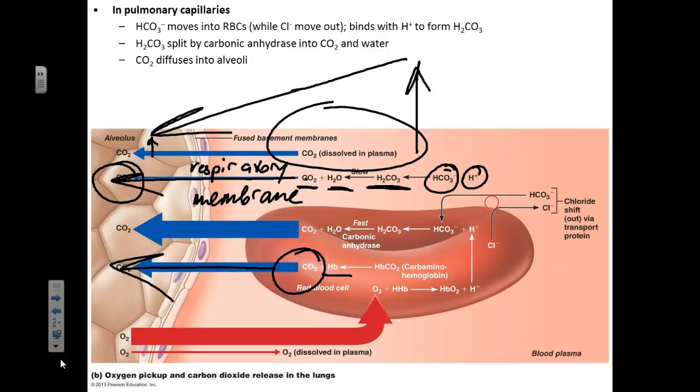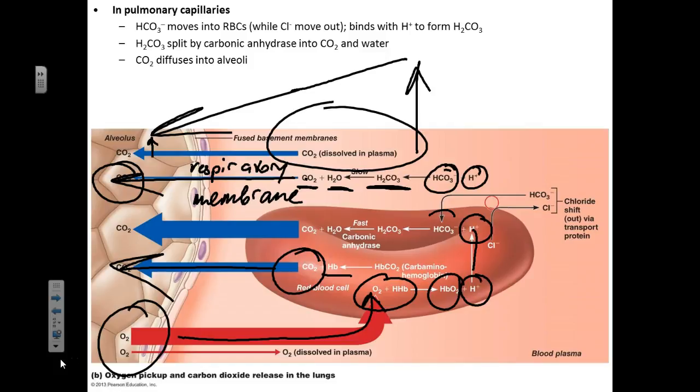And finally, high oxygen concentration will push for the binding of oxygen and deoxyhemoglobin, forming oxyhemoglobin, releasing protons, which then combine with bicarbonate ion right here.